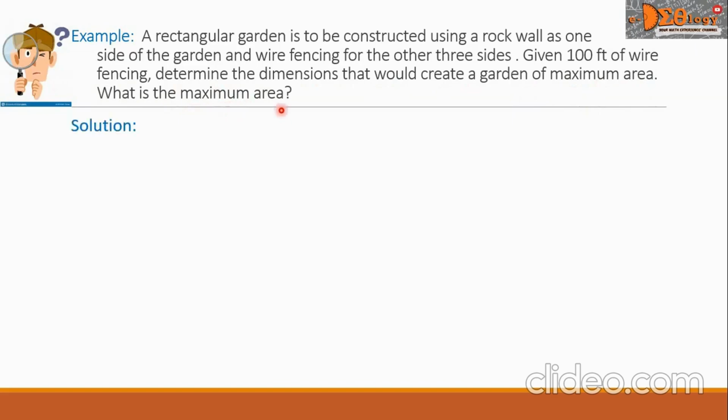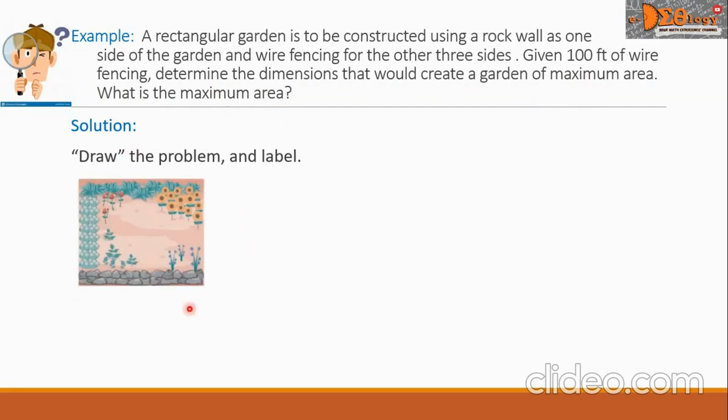For our solution, first, let us draw the problem and label it. Here is our drawing. On this side is the rock wall. Then we label this side to be x, and this side is also x, while the side here will be y. Based on the problem, we want to get the dimensions of maximum area.